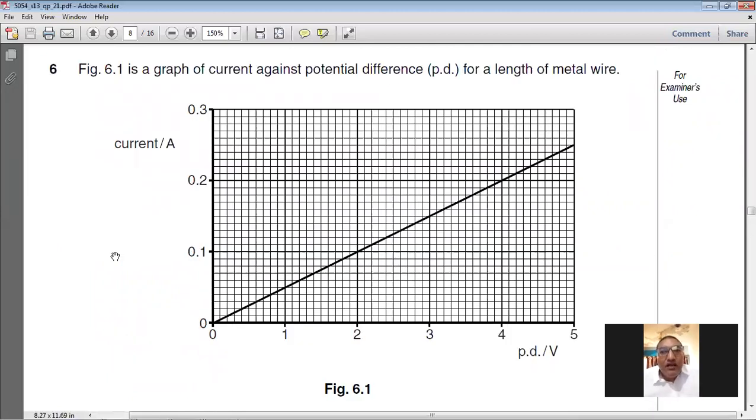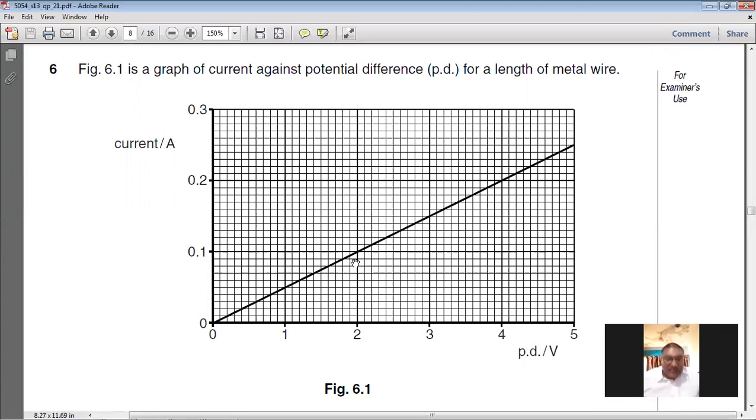Figure 6.1 is a graph of current against potential difference of a length of metal wire. So it's an I-V graph. On the y-axis, the current is represented. On the x-axis, the potential difference is represented. You know, the slope of this graph will be equal to change in current divided by change in voltage.